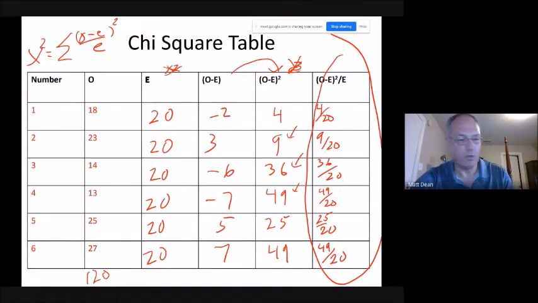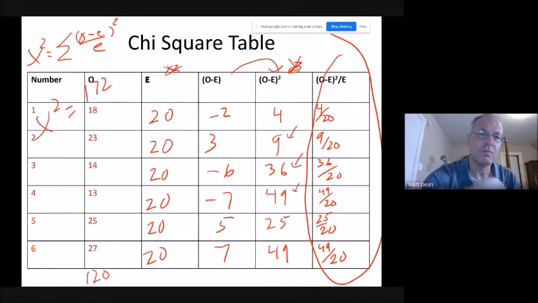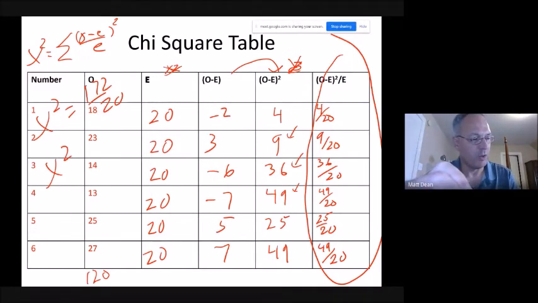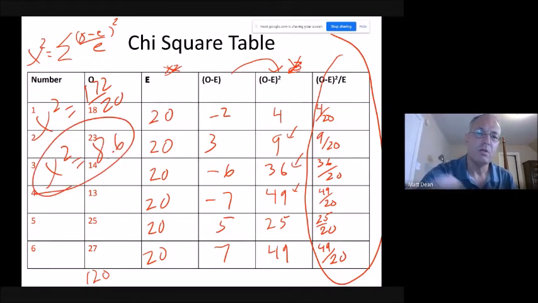Plus 25, plus 49. So it's looking like that adds up to 172 over 20. Here's where I'd go ahead and divide it out. And again, you could have worked the whole thing in decimal, get the same answer. But I get 8.6 as my chi-square value, 8.6. So let's remember that.